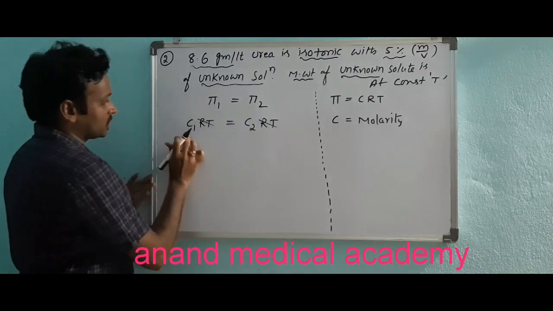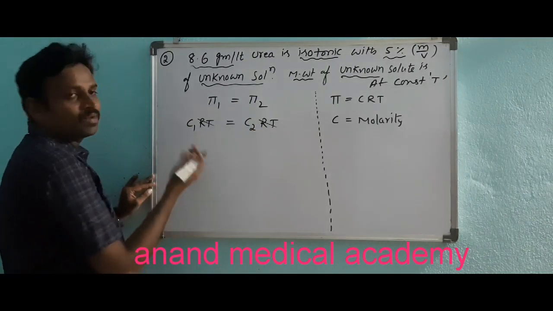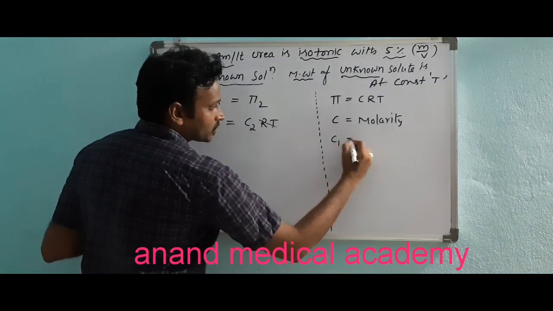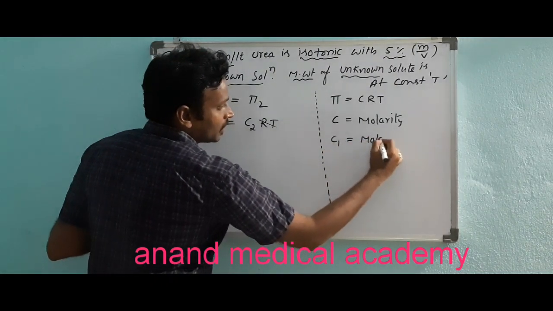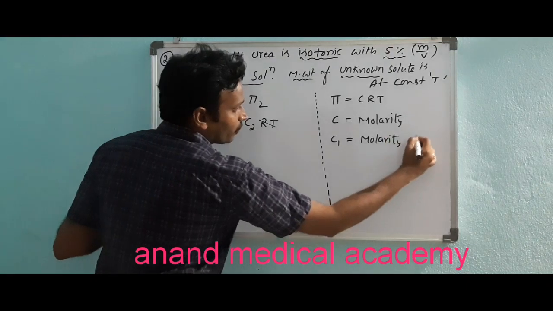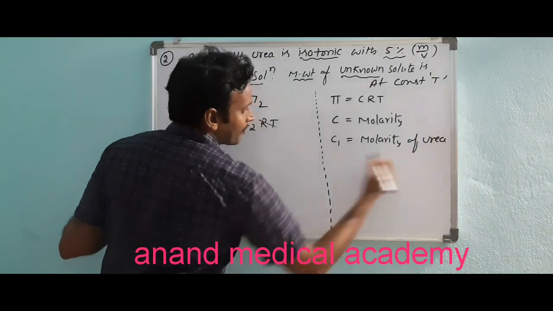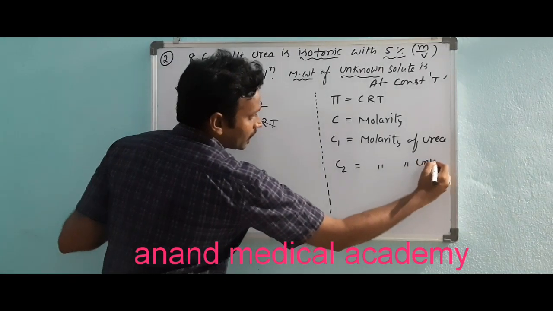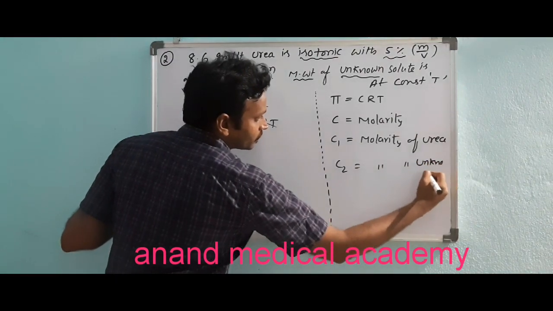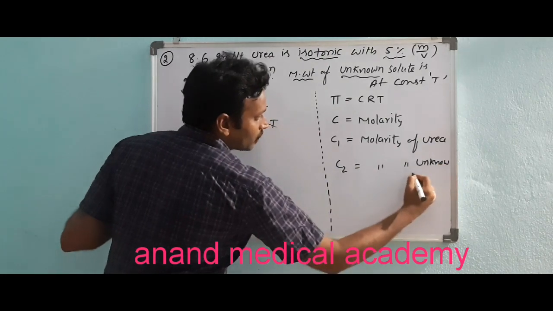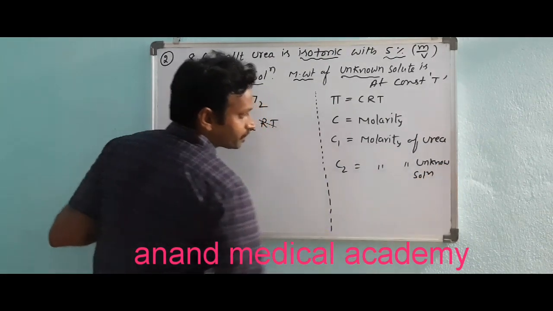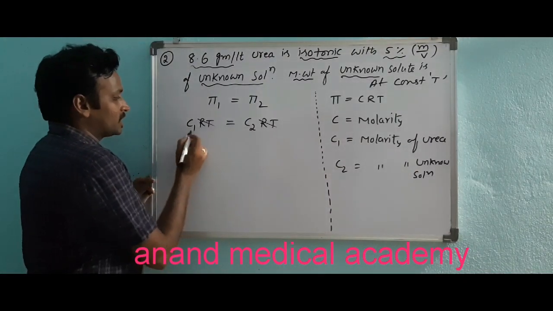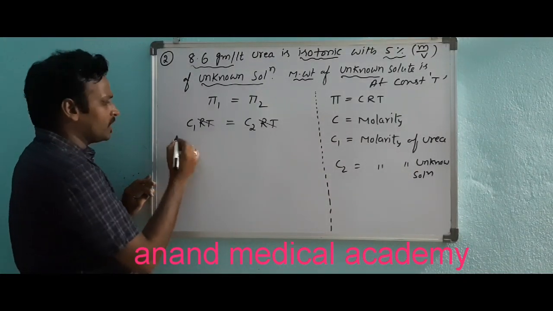RT is constant. What is C1? C1 is the molarity of urea, and C2 is the molarity of that particular unknown solution. So here C1 means molarity. Molarity formula is what?